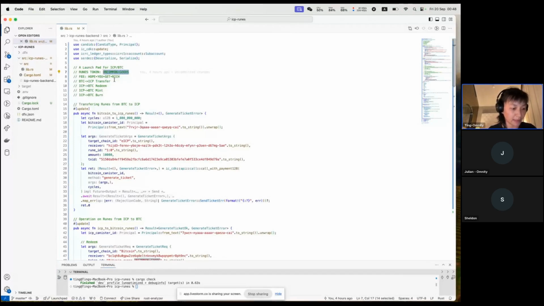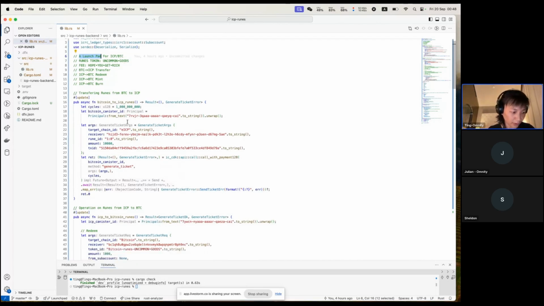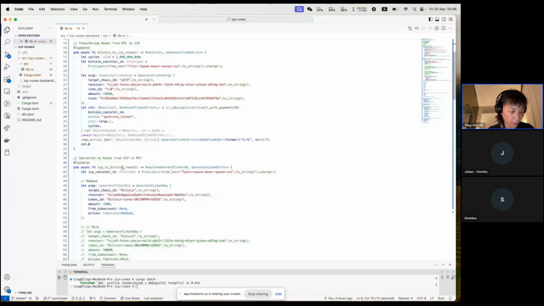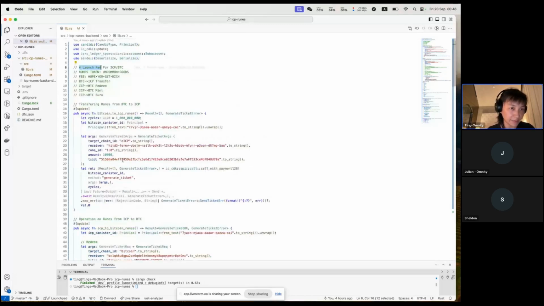To do it, it will be easier if you have something like this, a launchpad for crossing Runes between ICP and BTC. This is not a fully functional code demo. It is to give you an idea of what a basic dApp would be like in a canister.